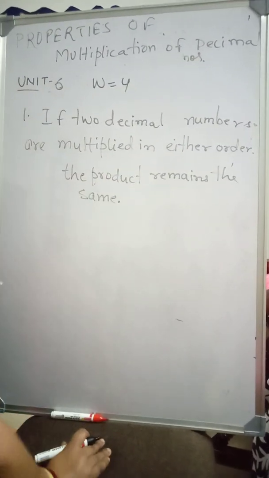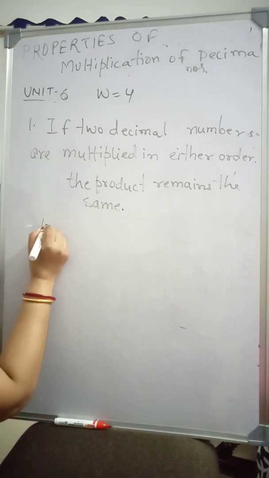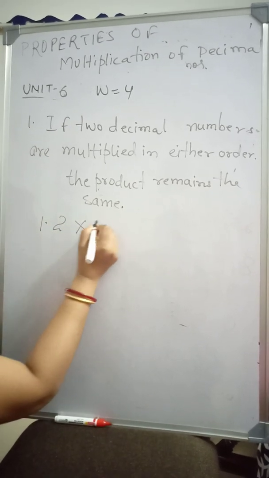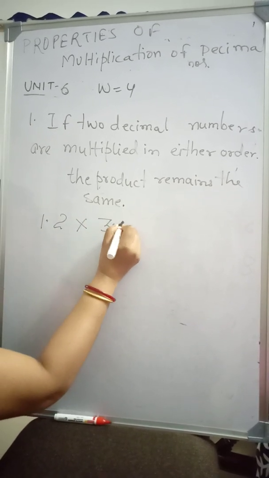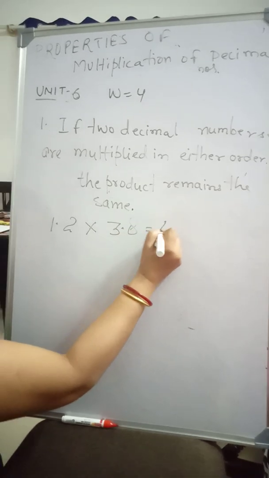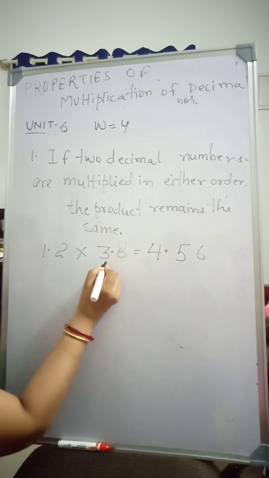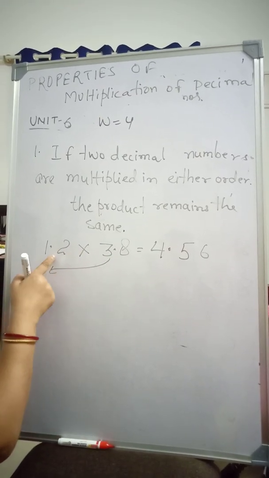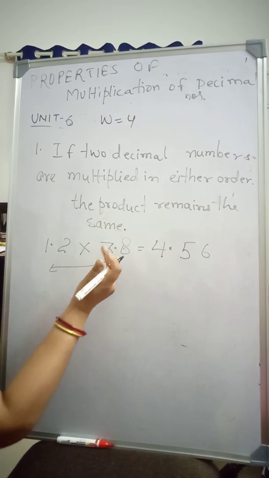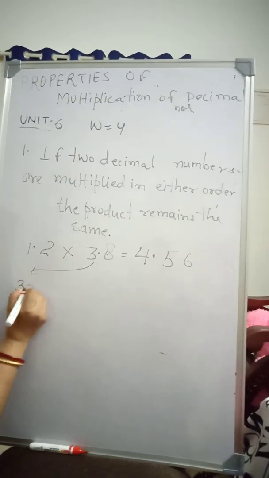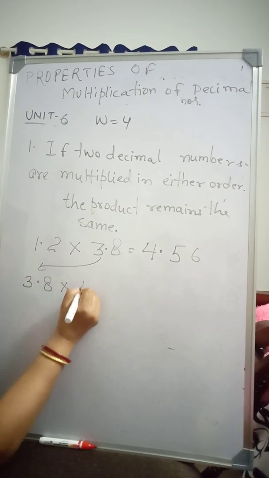So let us take an example like 1.2 multiplied with 3.8. So here product is 4.56. When I am changing the order, this is multiplicand, this is multiplier. Now multiplier is becoming multiplicand and multiplicand is becoming multiplier.